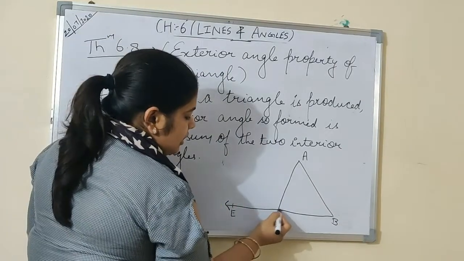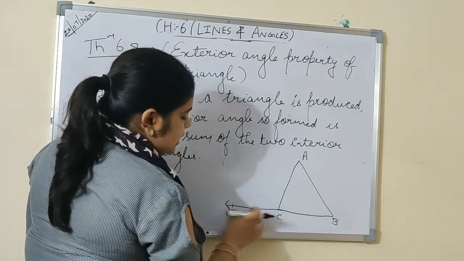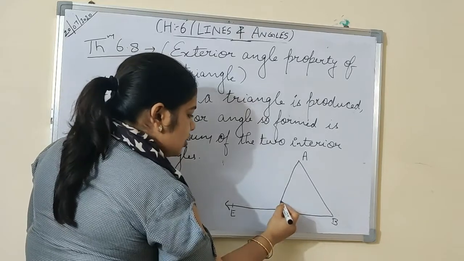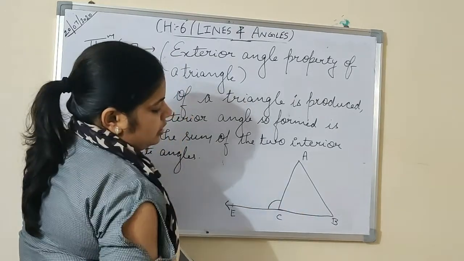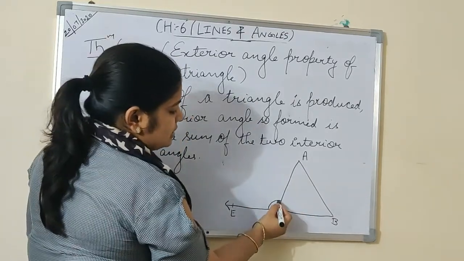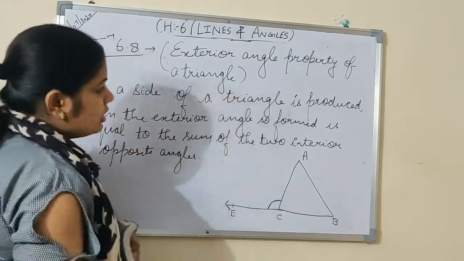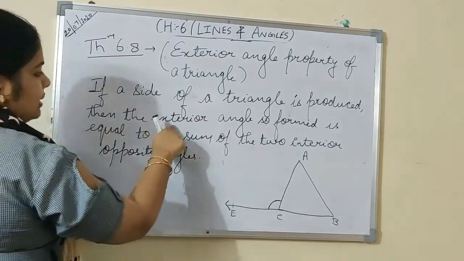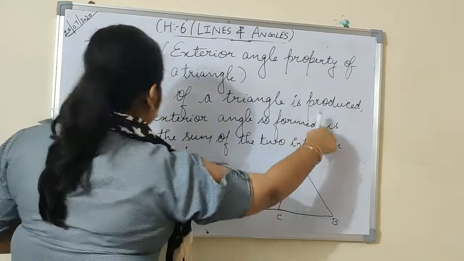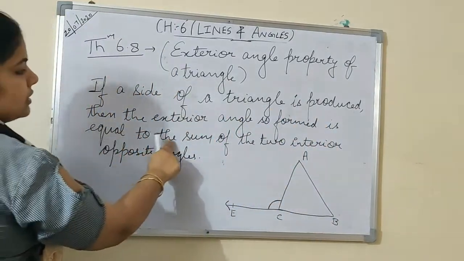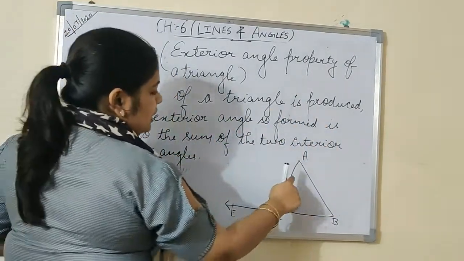Now you can see that as I have produced this side to the point E, one angle is formed, and that is the exterior angle, you can say. Then that exterior angle so formed is equal to the sum of the two interior opposite angles.